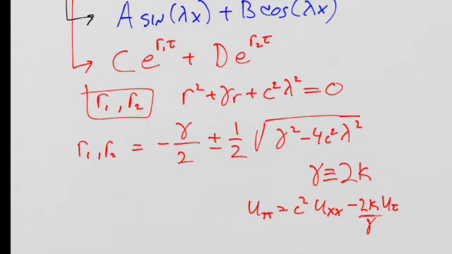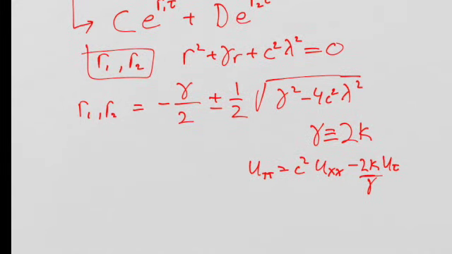If we had put a 2k there, then where would we be sitting right now? Well, I'll do it in blue. Gamma would be a 2k, and this would be 4k squared.